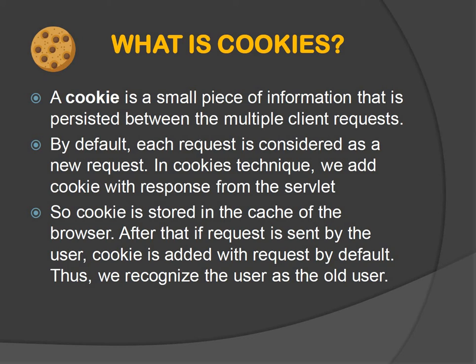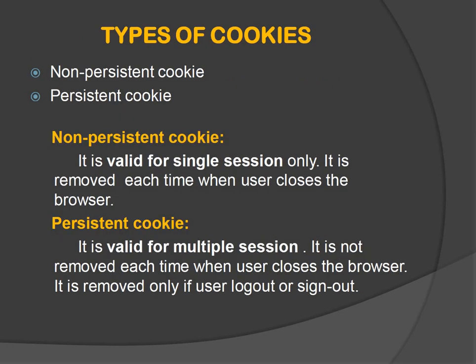Next slide: types of cookies. There are non-persistent cookies and persistent cookies. Non-persistent cookies are valid for a single session only. They are removed each time the user closes the browser. For persistent cookies, they are valid multiple times. They are not removed when the user closes the browser.